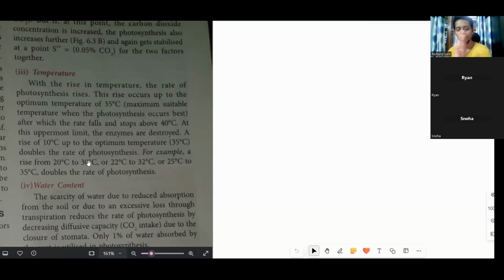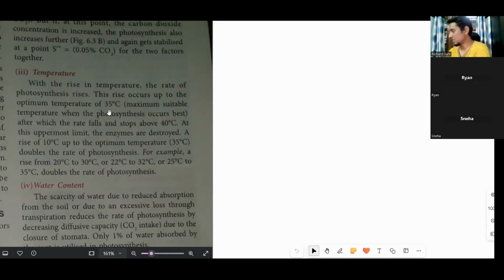That means from 20 to 30 degrees, if you increase, then the rate of photosynthesis will double. What do you mean by rate of photosynthesis? The speed of photosynthesis, meaning how much carbon dioxide and food is produced in a certain amount of time. Now this doubling of the rate of photosynthesis will only continue till the temperature is 35 degrees Celsius.